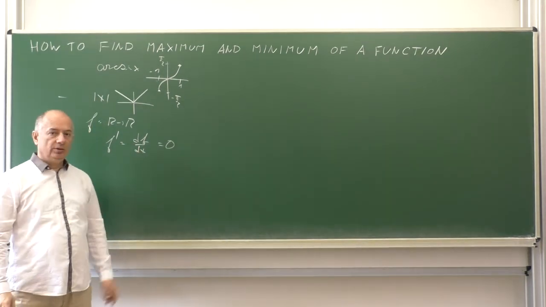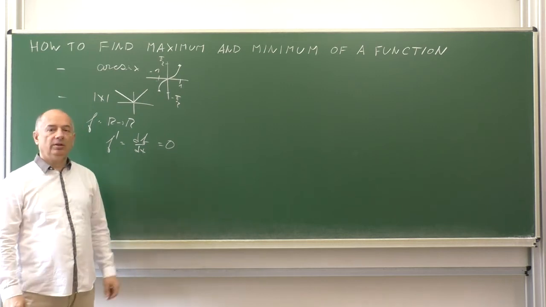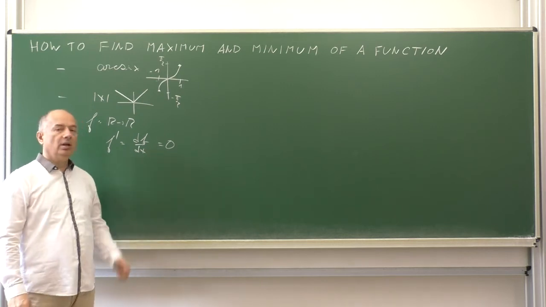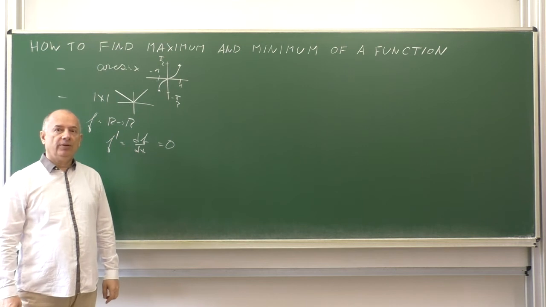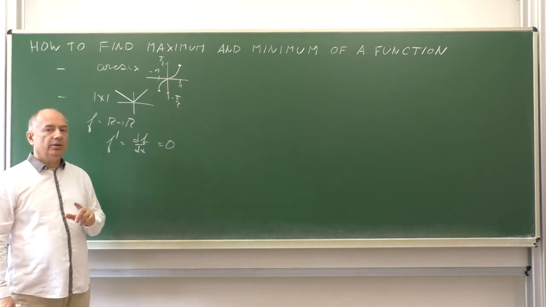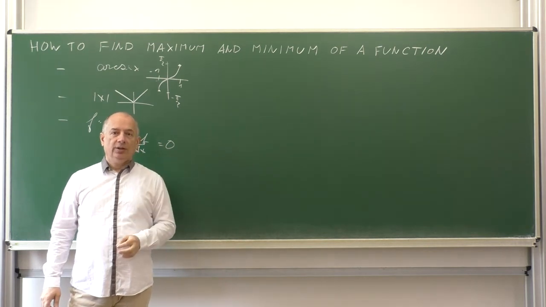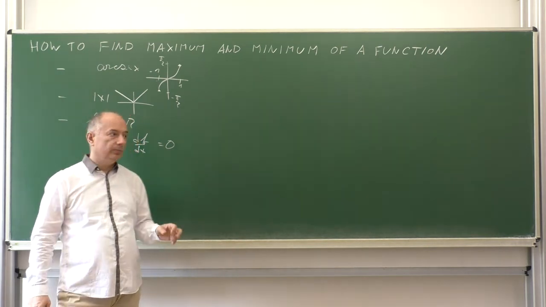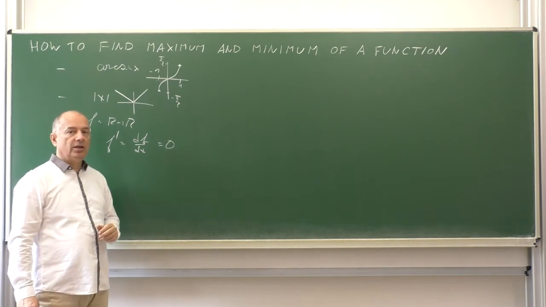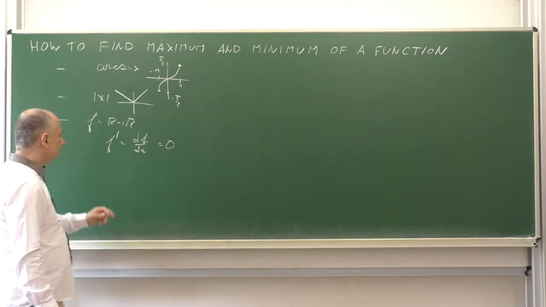This is an equation. If we solve this equation, if we find the x values where the derivative vanishes, we find points that are possible candidates for the extremum. It is not yet true. This condition is necessary but not sufficient.